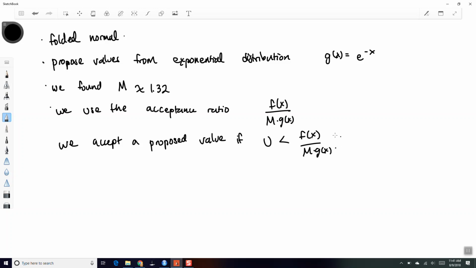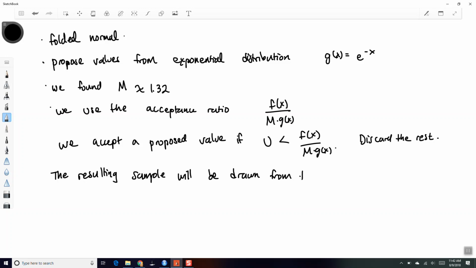Discard the rest. So the resulting sample will be drawn from the target PDF.